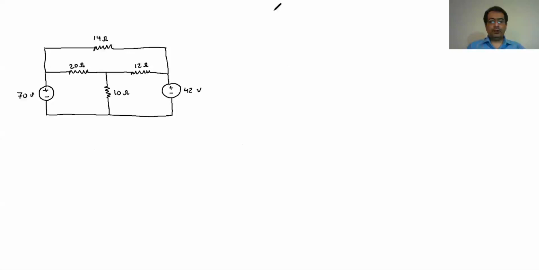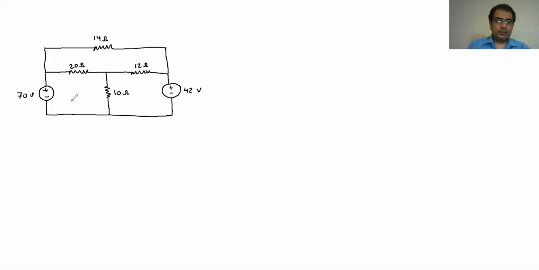When we are doing the mesh current, we have to define every loop and then define the current in the loops that we have. In this, I always consider the current rotation clockwise. You may consider counterclockwise, but I always consider them clockwise in all the loops. It just makes it easier.